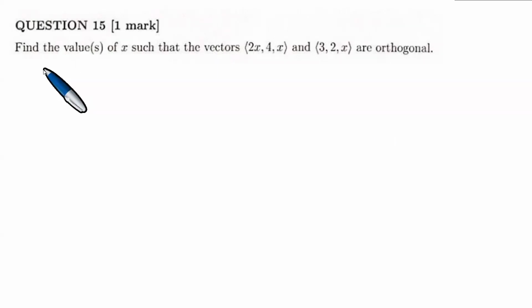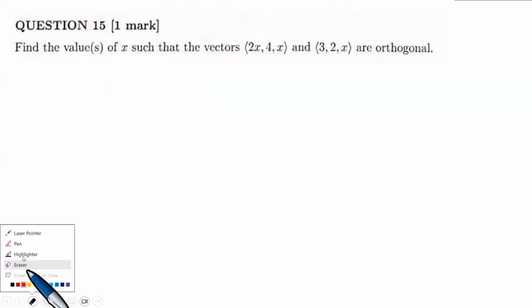Okay, so we need to recall that two vectors A and B are orthogonal if the dot product of the vector A with the vector B is 0. This is the fundamental definition of orthogonal vectors.